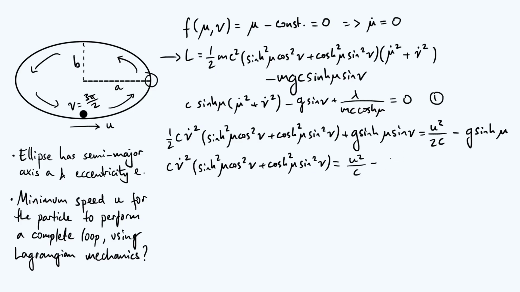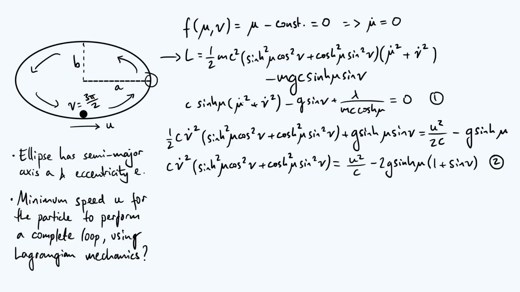Then we are going to get minus 2g sine mu, 2 because we multiplied by 2. We are factoring out the sine mu, and so we're going to get 1 plus sine of nu. We could call that equation 2 if you wanted, because that's ultimately come from our second equation of motion in terms of nu. So we're now in a position where we can almost combine together equations 1 and 2.